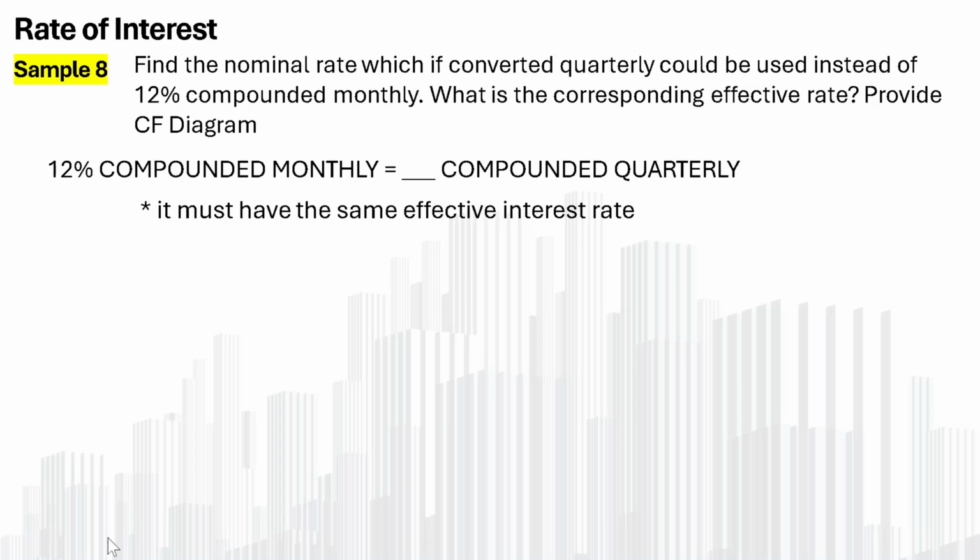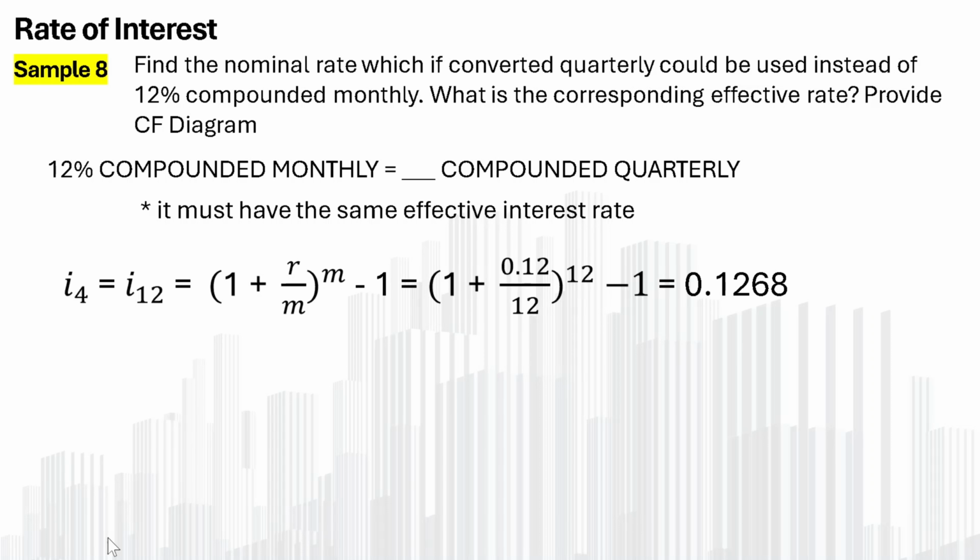So we can make sense of the formula by equating yung effective interest rate at compounded quarterly, and then an effective interest rate at compounded monthly, something like this one. Okay, so parehas dapat sila.